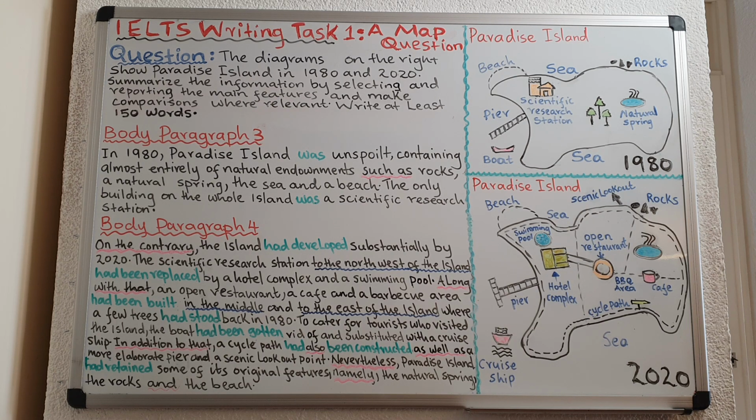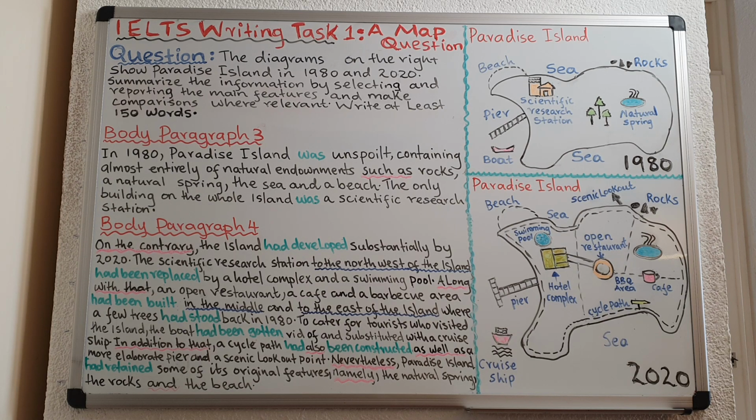Natural endowments are natural resources. For example, rocks and natural springs. All of these are natural resources. The sea, the beach. The other feature that is very important that we need to talk about in regards to Paradise Island in 1980 is the fact that there is only one building, and that is the Scientific Research Station.